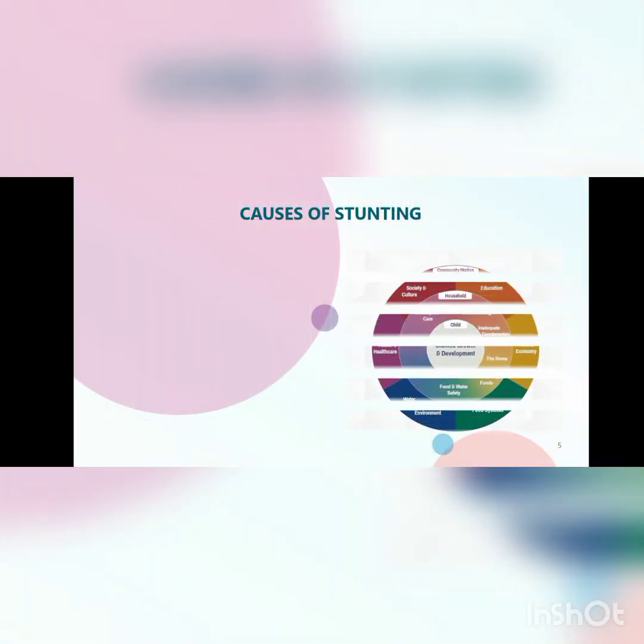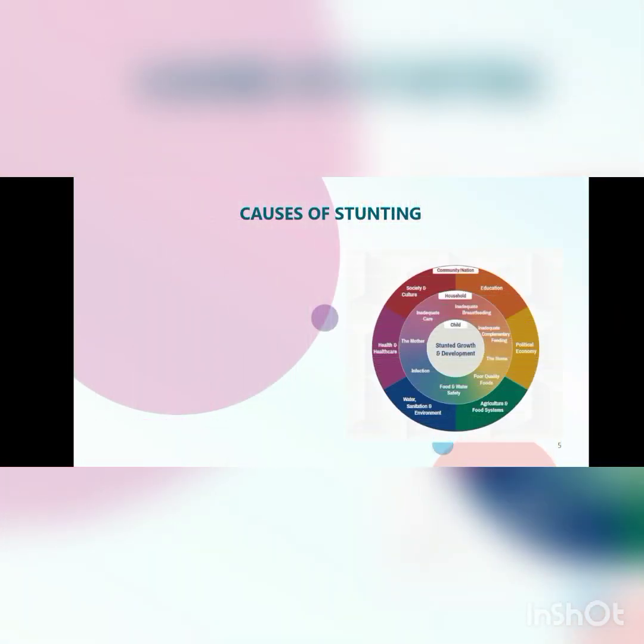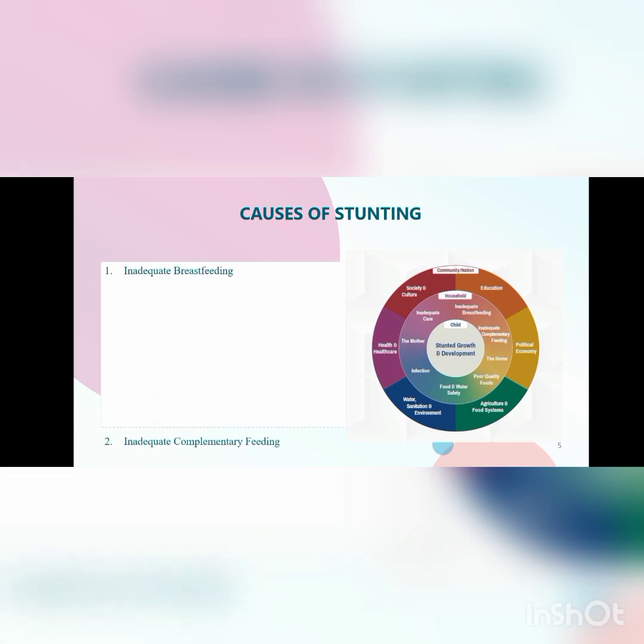Causes of stunting. Stunting in children is typically caused by chronic malnutrition, which can result from various factors such as inadequate breastfeeding, inadequate complementary feeding, infection, the mother, home, and the poor quality of foods. Inadequate breastfeeding.